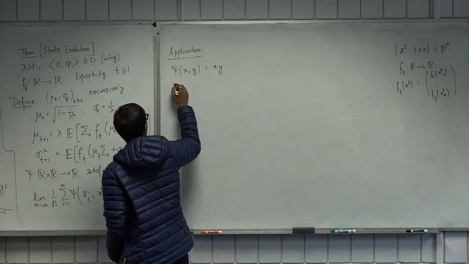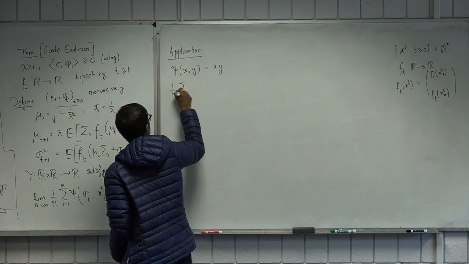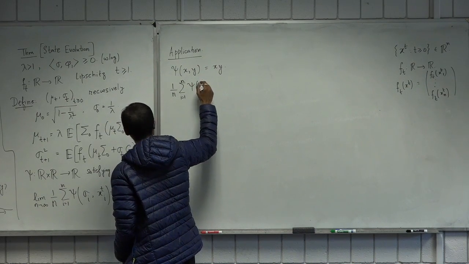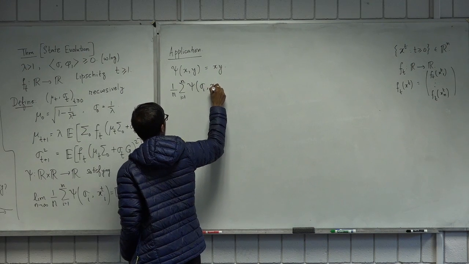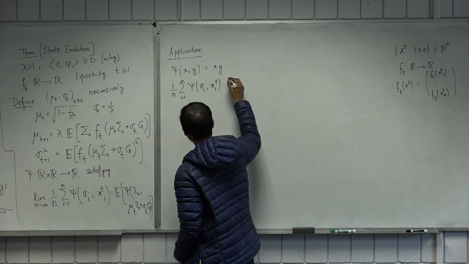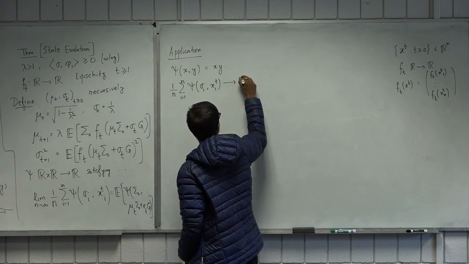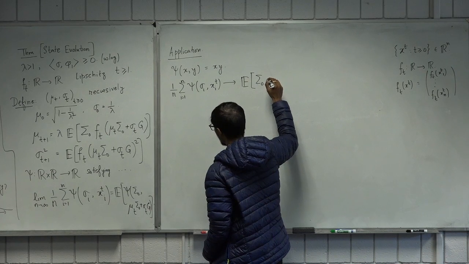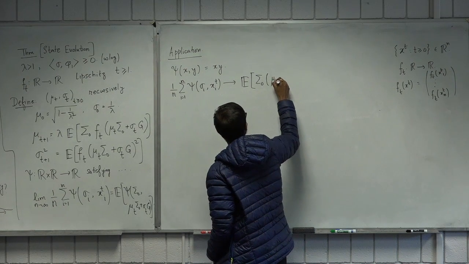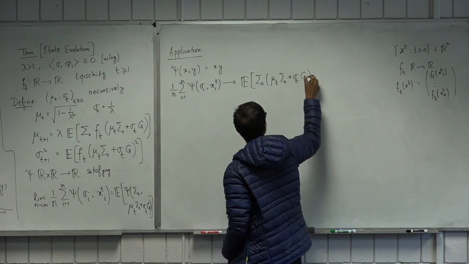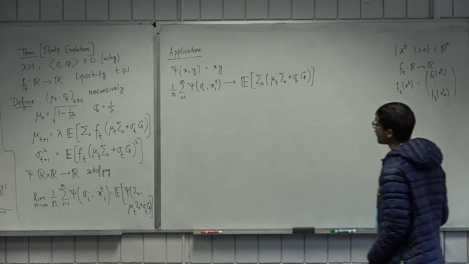Then this tells me that if I look at 1 over n psi of sigma I xit, this will converge to the expectation of sigma naught times mu t times sigma naught plus sigma t times g, right?